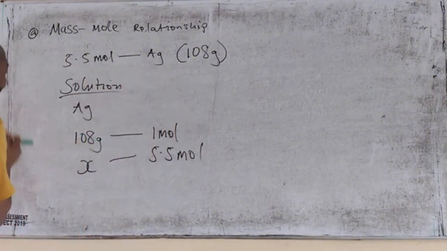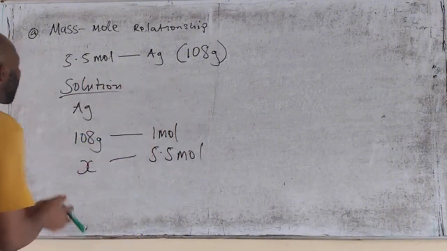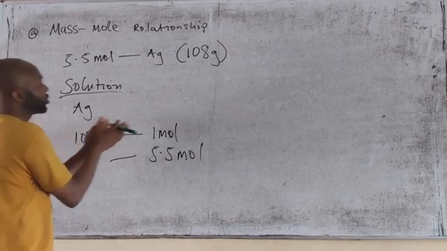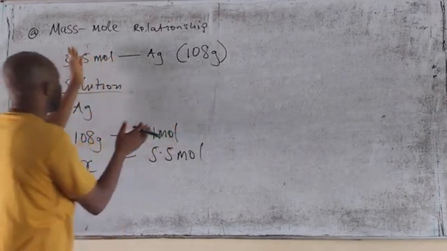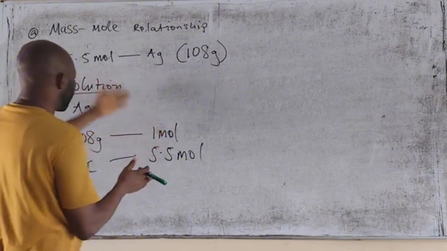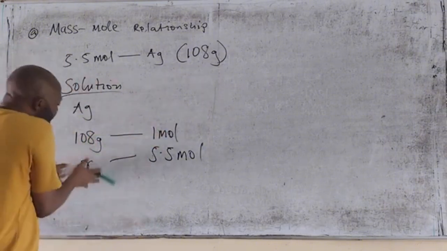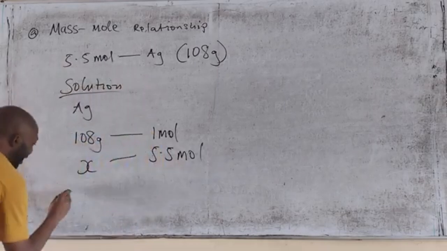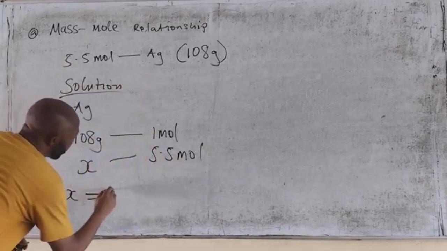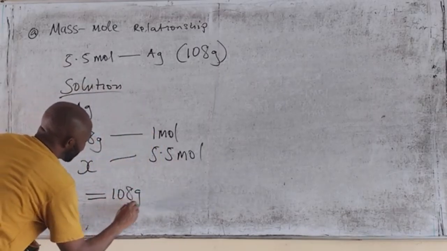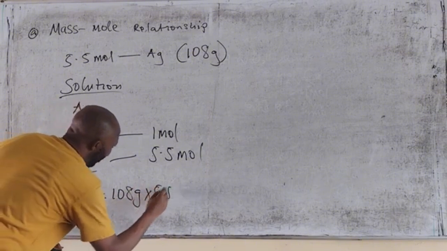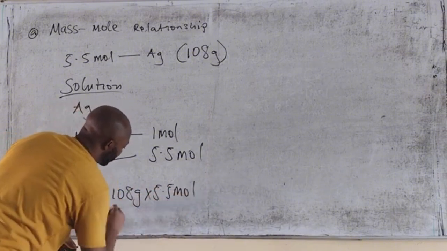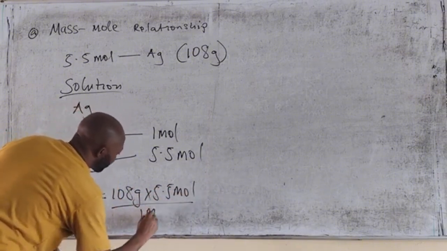Now we're dealing with mass-mole relationship. 108 grams is equivalent to 1 mole of silver. So how many grams will give us this mole? My X obviously becomes 108 grams times 5.5 moles divided by 1 mole.